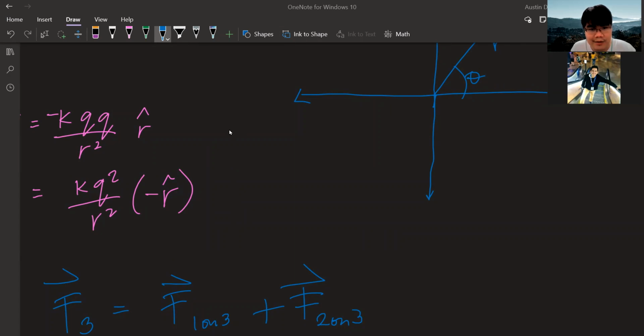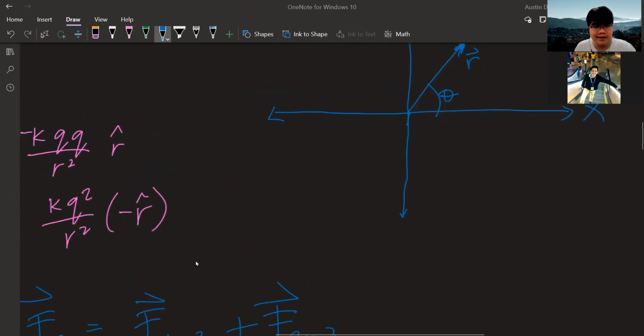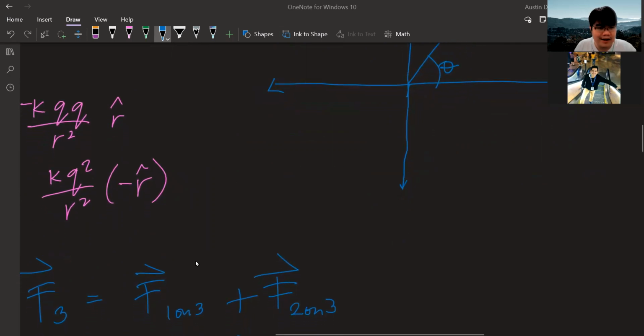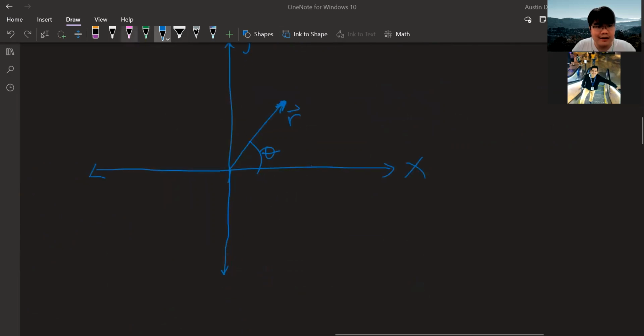Okay, ang naiintindihan ko po kasi, okay. Okay, so ang positive r hat is, kunwari meron kang vector r here. Ang positive r hat would be this direction. Ang negative r hat would be this direction.